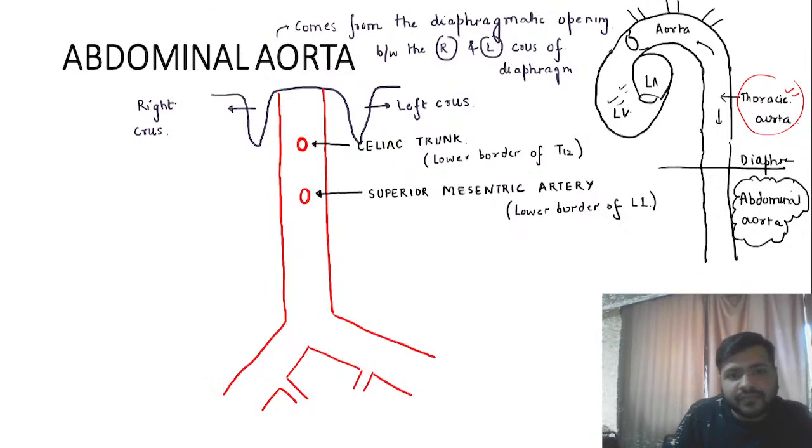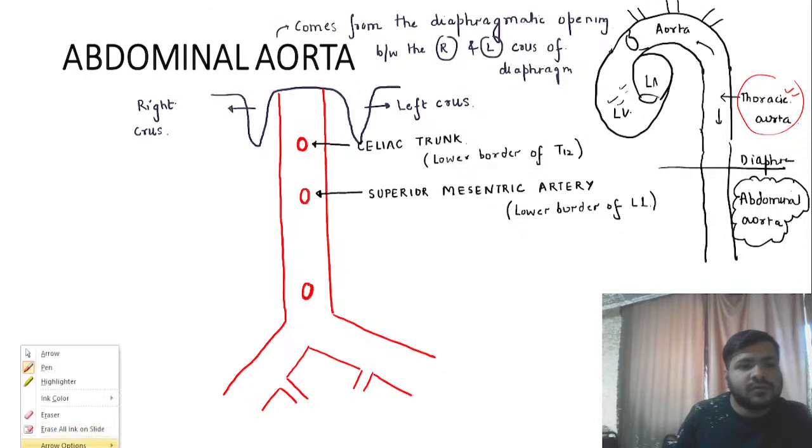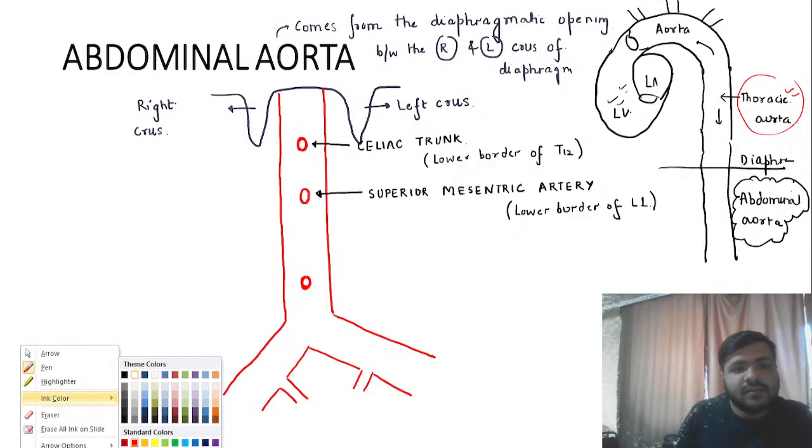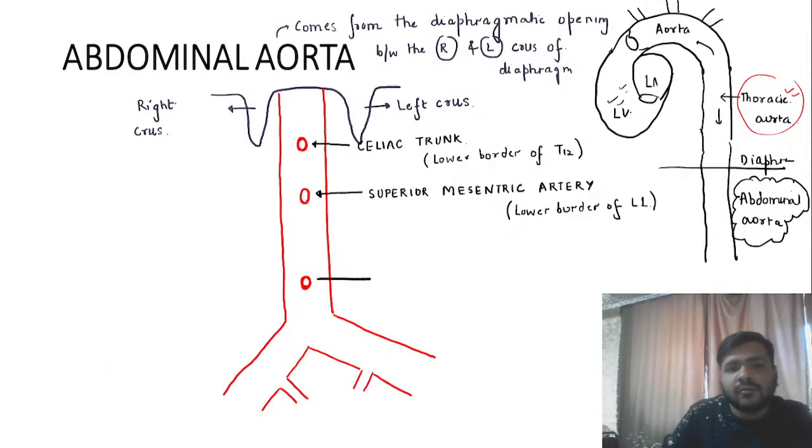Okay, so I'll just draw it a little above so that I have more space over here. And this is the inferior mesenteric artery.